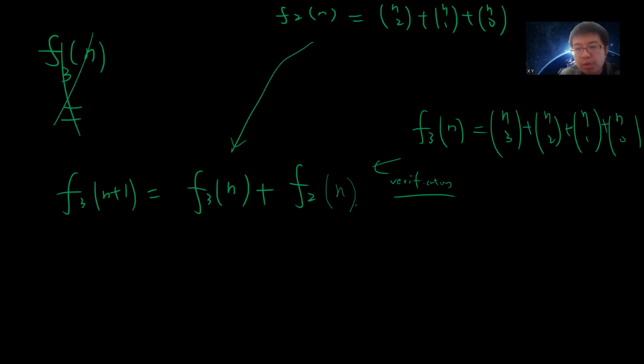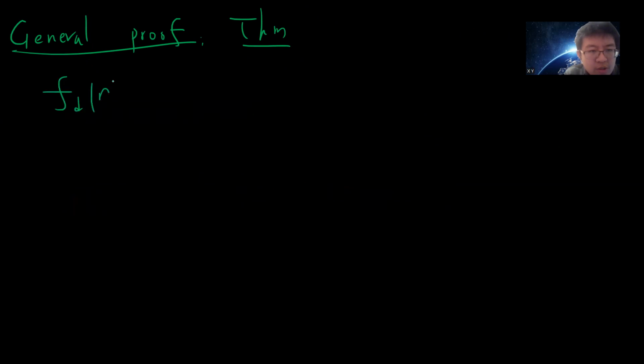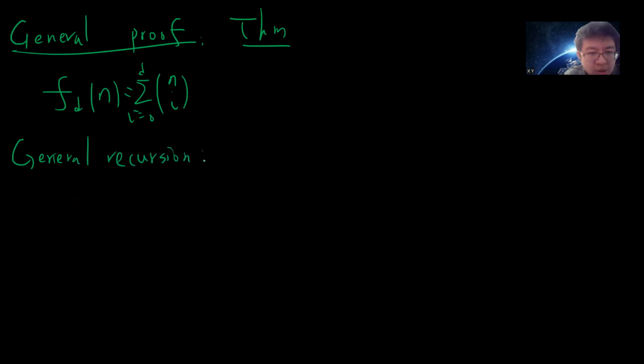So let me just give the general proof. Our goal is to prove the theorem that f of d, n is the summation of n choose i from 0 to d. And the recursion, let me just write down the key points. The general recursion will be the following.